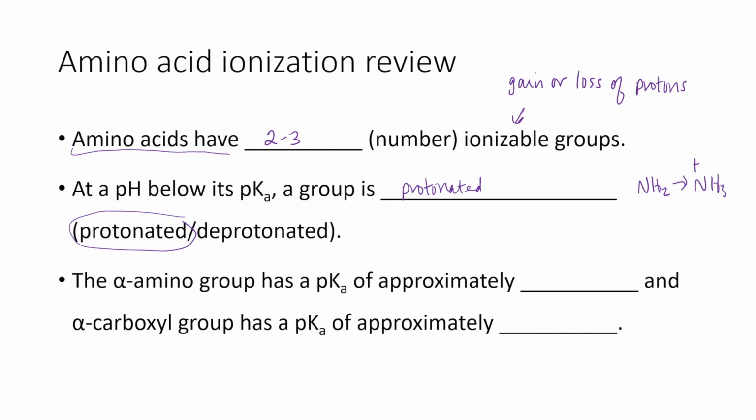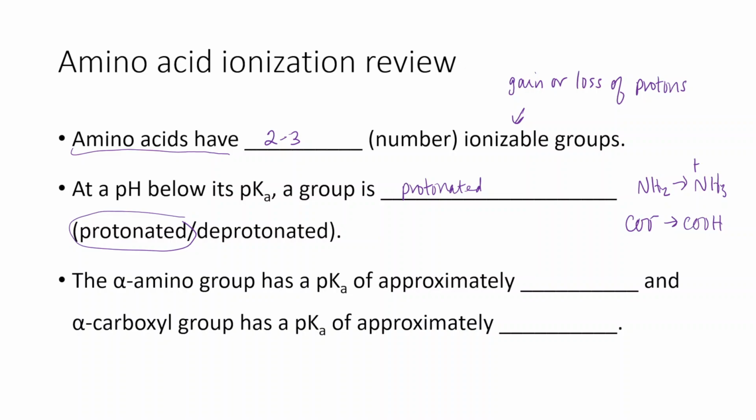But some groups when they're protonated, that doesn't happen. So think of a carboxyl group. When it's protonated, it goes from a negative charge to a neutral charge. So when we're considering pHs and pKas and getting protonated and deprotonated, we also have to think about what that means for that particular functional group, like what its actual charge might be. It could be negative, positive, or neutral.